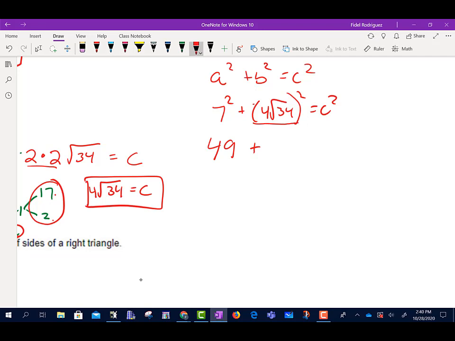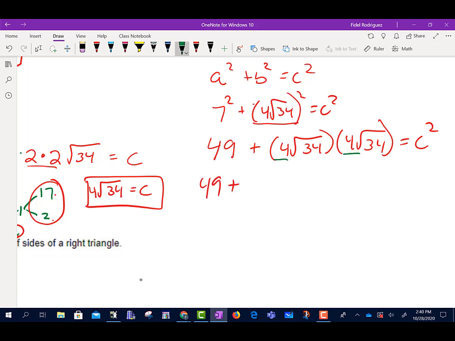Remember, I'm going to write this one out twice because that's what it means to square something. Now I'm going to go 49 plus, remember how we're doing this, these numbers are going to multiply. So 4 times 4 is 16. The square root of 34 times another square root of 34 is just the number 34.